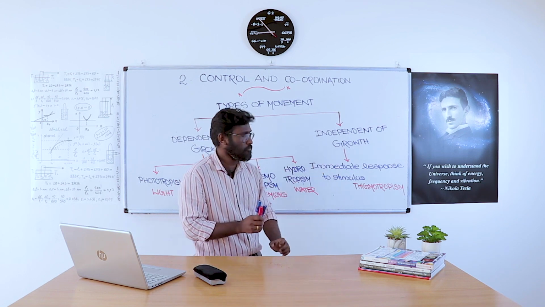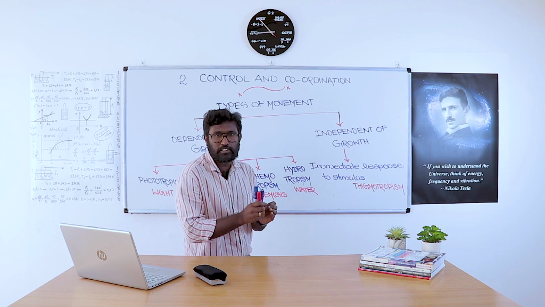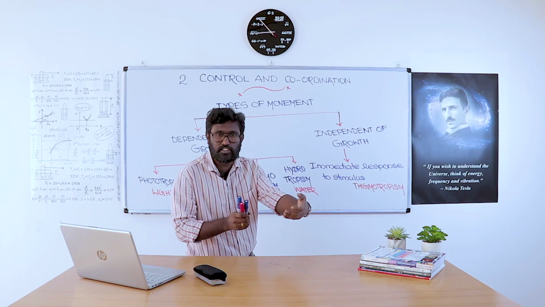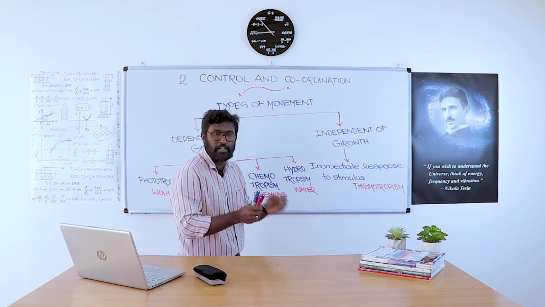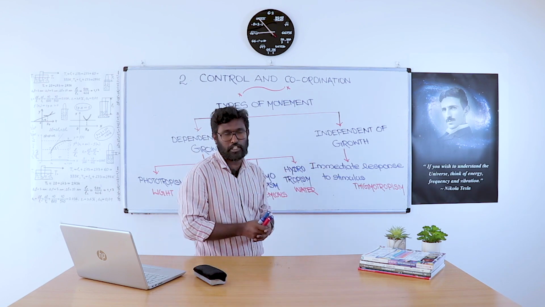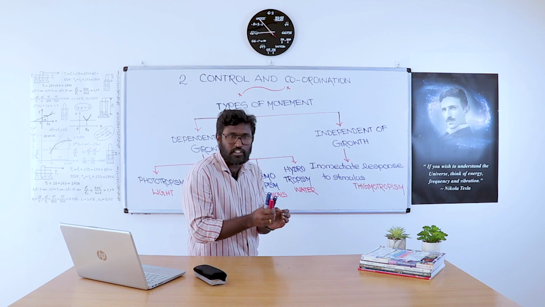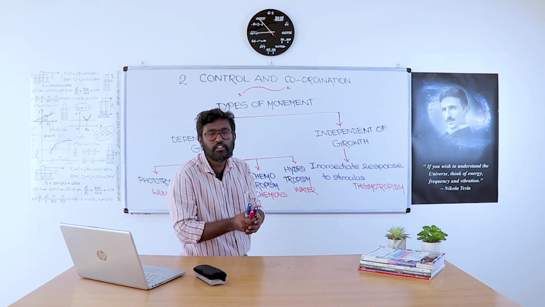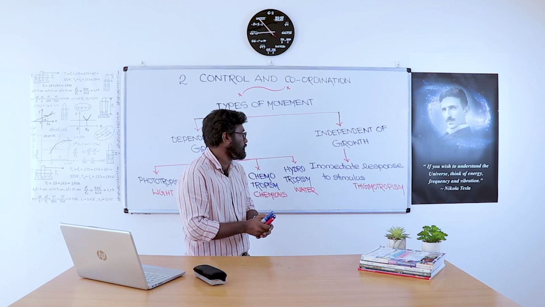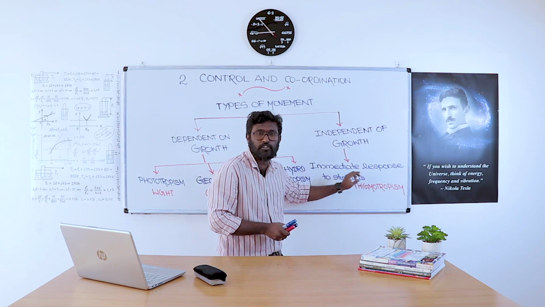For example, in the case of a touch-me-not plant, when we touch it, there will immediately be drooping of leaves. That is an immediate response to a stimulus.